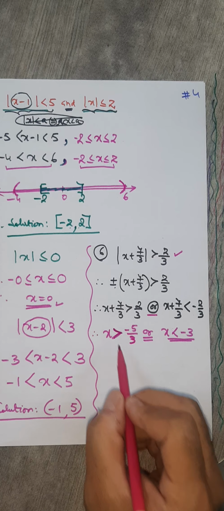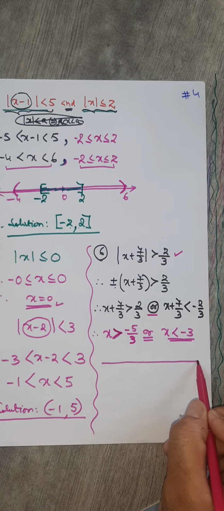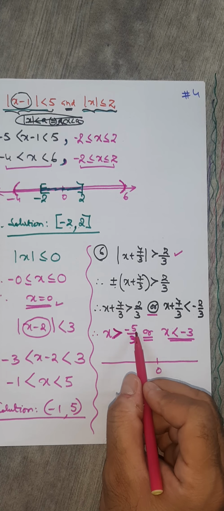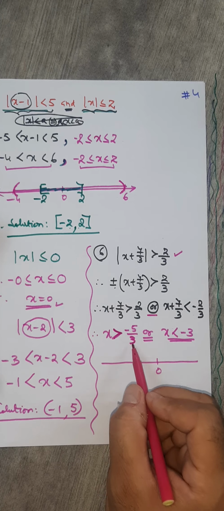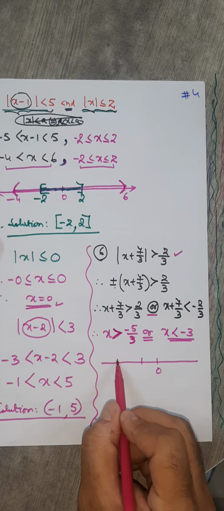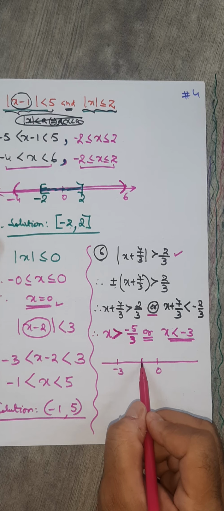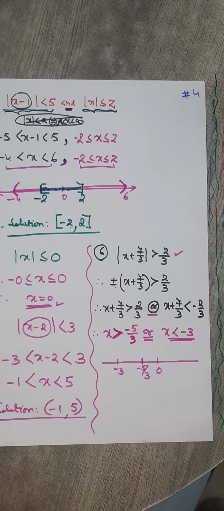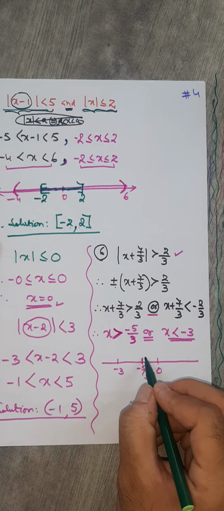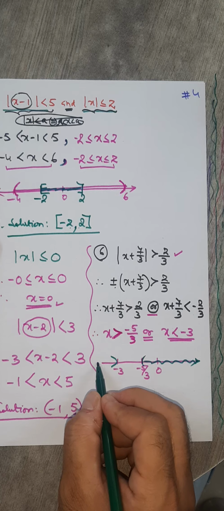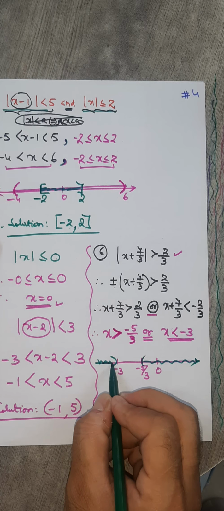Fine. So you can just show it on the line. This is 0. Here this is minus 1 point something, and this is minus 3. This is minus 5 by 3. Here x is more than minus 5 by 3, so this portion, and x is less than minus 3, so this portion.